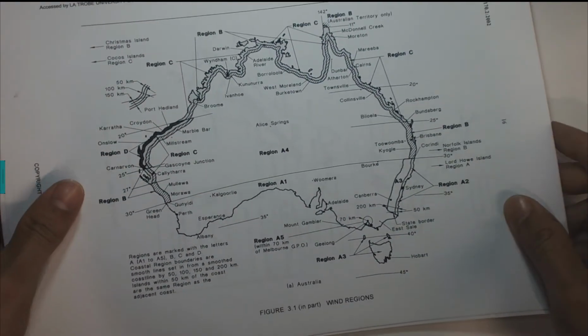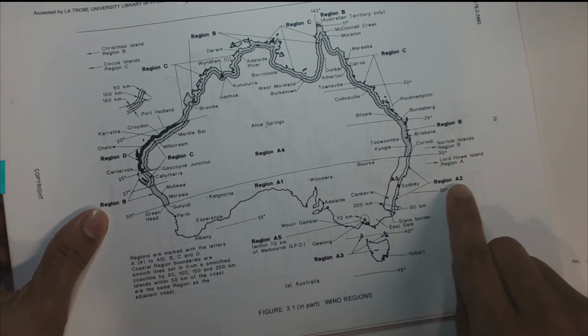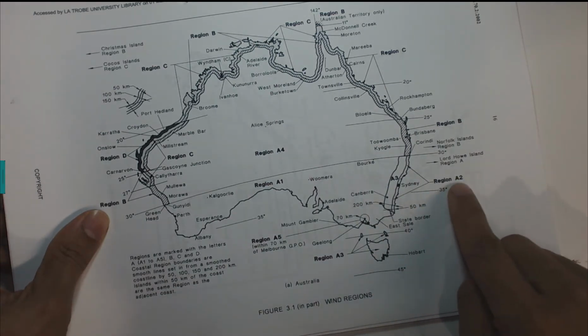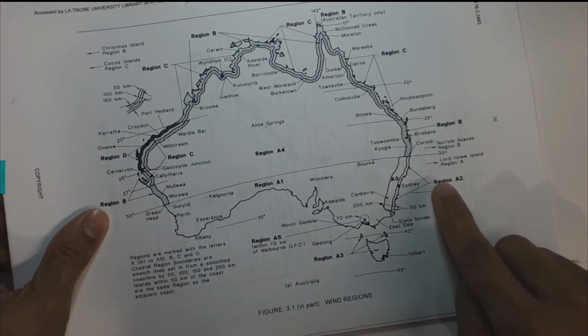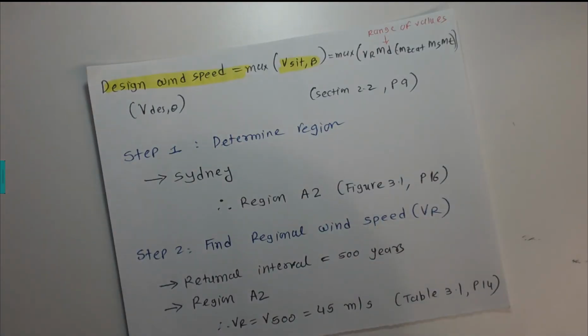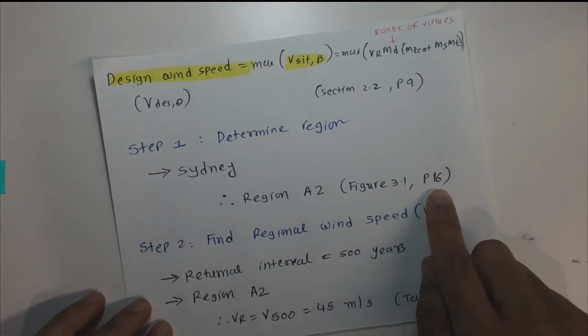You can see the Australian map where you can locate Sydney, and Sydney is in region A2. So based on the location, we can find which region the building needs to be designed for. So I put region A2, figure 3.1, page number 16.